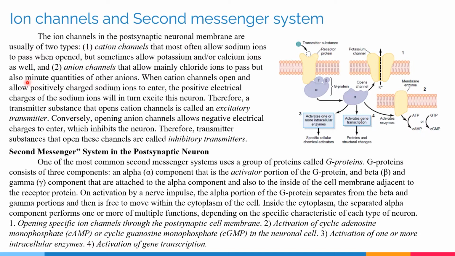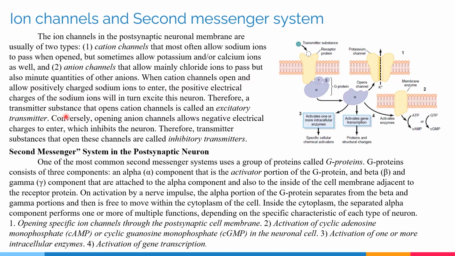The second type of ion channels are the anion channels that allow mainly chloride ions to pass through, but also minute quantities of other anions. When cation channels are open and allow positively charged sodium ions to enter, the positive electrical charges of the sodium ions will in turn excite this neuron.